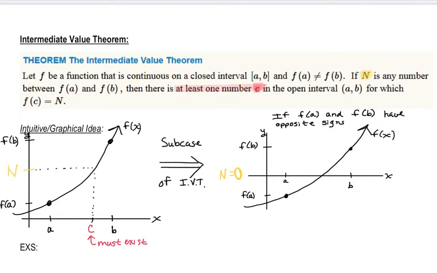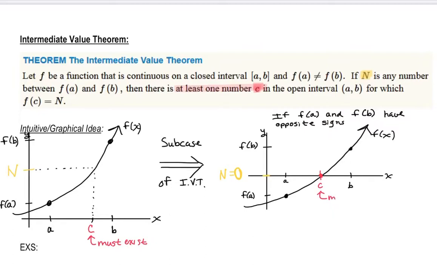That has to be in between f of a and f of b. So what's the conclusion of the intermediate value theorem? It says that there has to be some point c in this interval where f of c is going to equal 0. So right here, there has to be some point c in the interval.